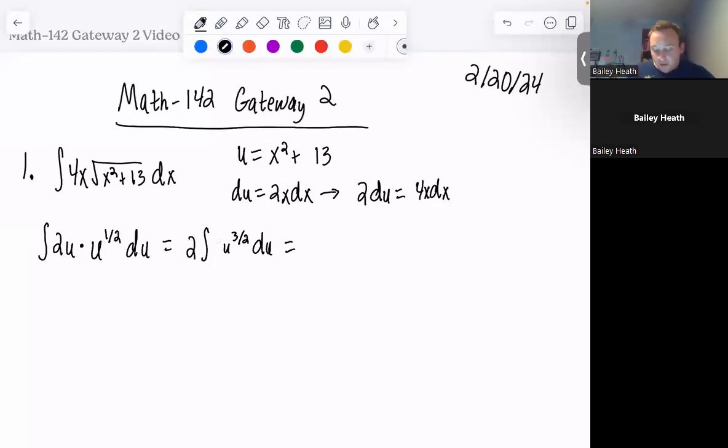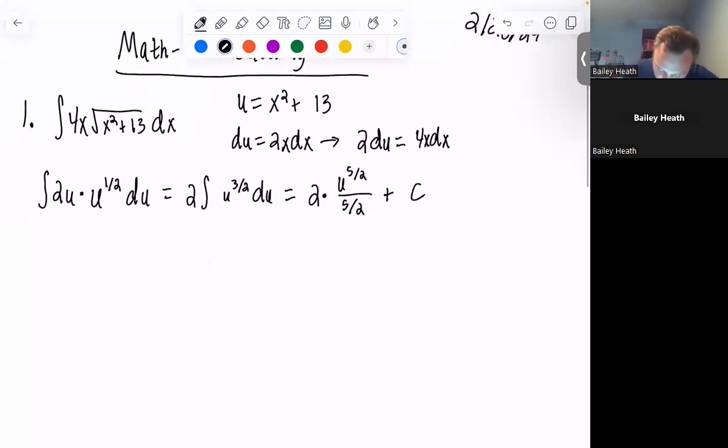Now I'm going to take the antiderivative of that u to the 3/2. So I'm going to get u to the 3/2 plus 1, which gives me 5/2, and then I need to divide by that new exponent, which is 5/2. Don't forget my plus c. Let's clean this up a little bit. Dividing by a fraction is the same as multiplying by the reciprocal, so that's the same as multiplying by 2/5.